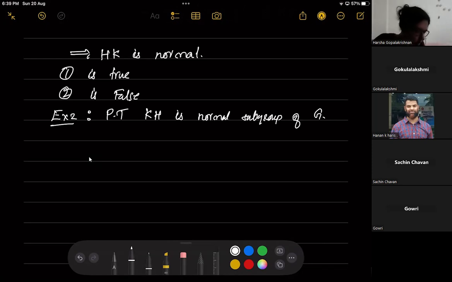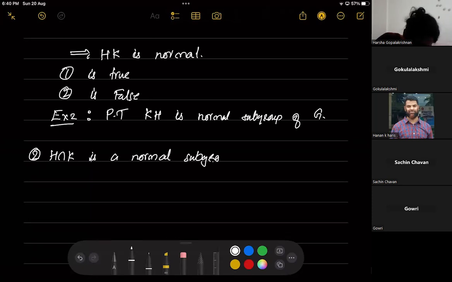Now, the next statement was H intersection K is a normal subgroup. Now, this is already covered in the class.